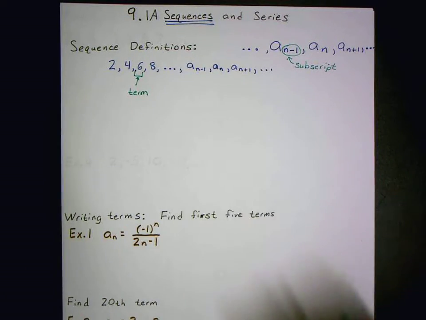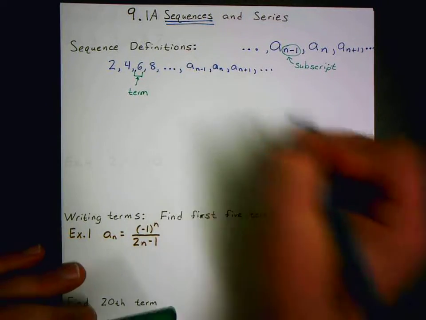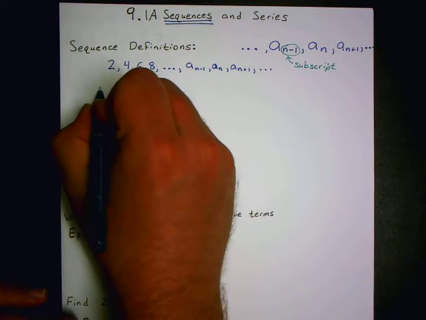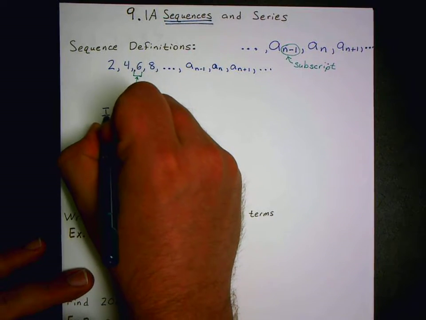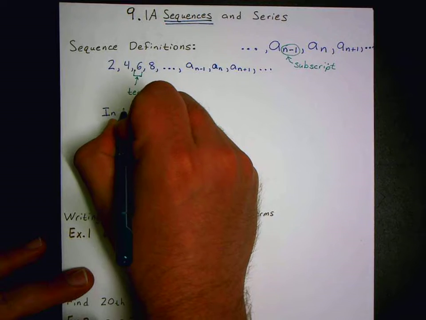So there's the sequence of even numbers. Now, this is considered an infinite sequence. Is it because it can go on and on? Yep.